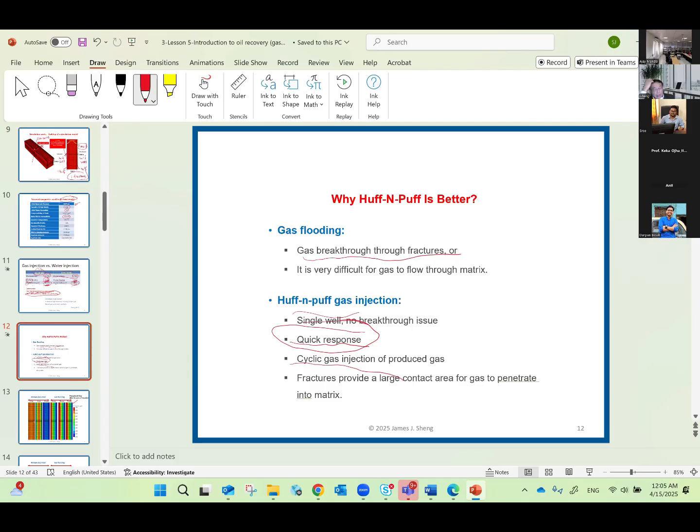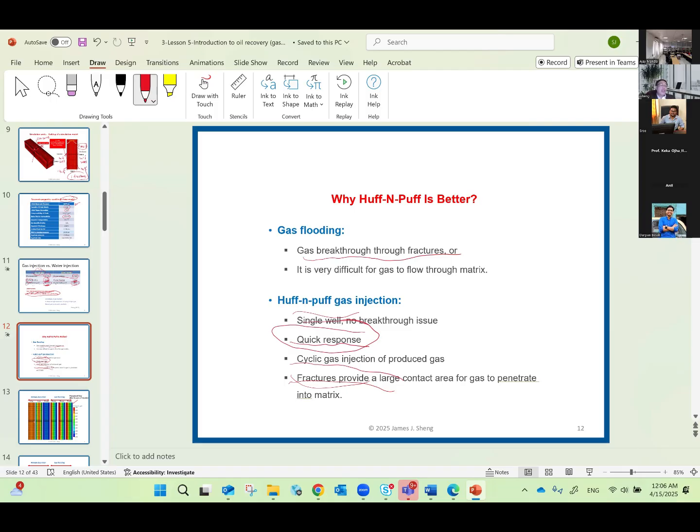Okay, and then if you have a fracture, it actually helps, because with a fracture it's easier for the injected gas to quickly penetrate into the deep matrix, and then facilitate the oil-gas mixture.